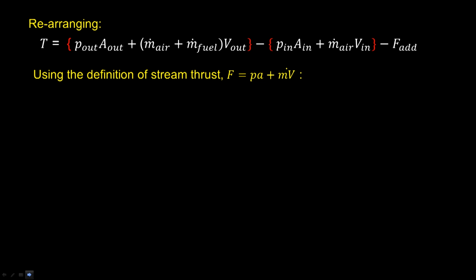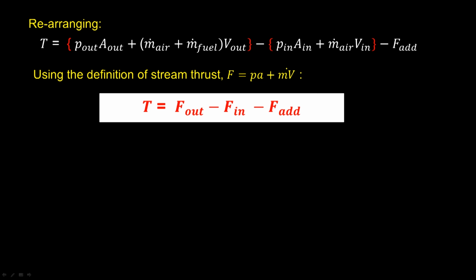And so, instead of using our complete equation here, we will actually use F to indicate the stream thrust. And so the first term in the red brackets we now will call F out, so the stream thrust associated with the outflow. The second term is F in, and so it's the stream thrust associated with the inflow. And then, of course, we have our additive drag term. And now we have a very simple equation to calculate the thrust of our scramjet.